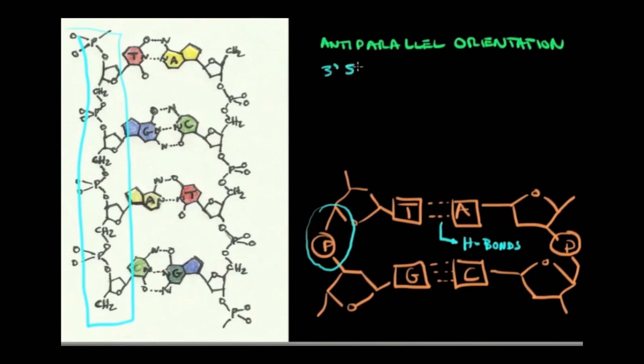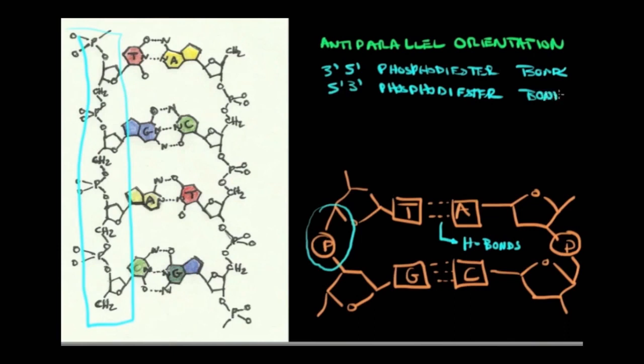So you're going to find a 3' to 5' phosphodiester bond. And then you find, this is why you have antiparallel, a 5' to 3' phosphodiester bond. And what do I mean by this?